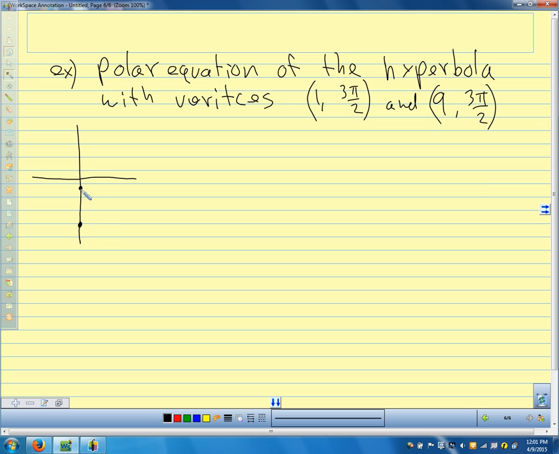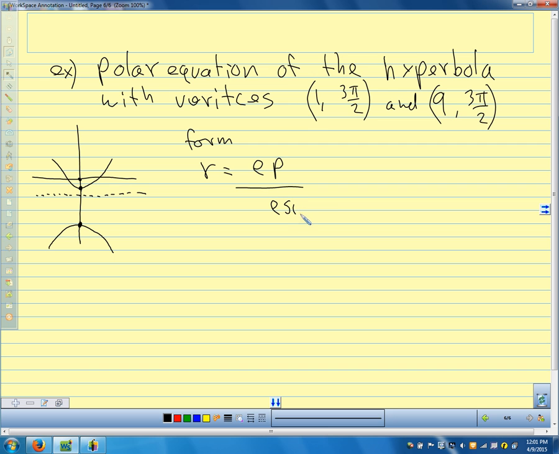There are vertices. So the hyperbola has one focus at the pole for polar equations. So our hyperbola has to look roughly like this. The directrix is in between. So we can write the form of our equation already. Our form is going to be r equals ep over, and since it's a vertical axis, we're going to have a sine function here.